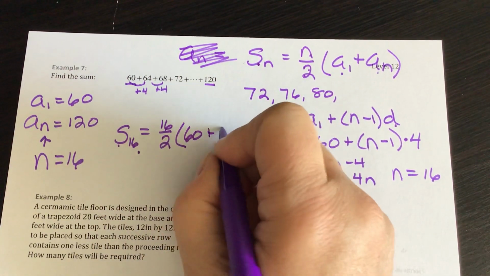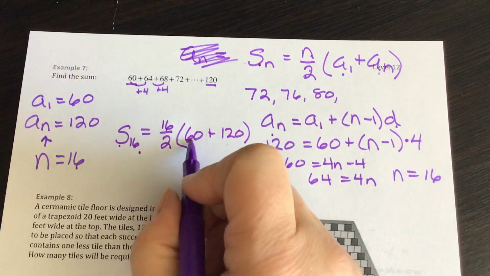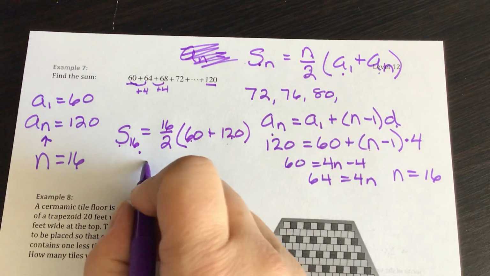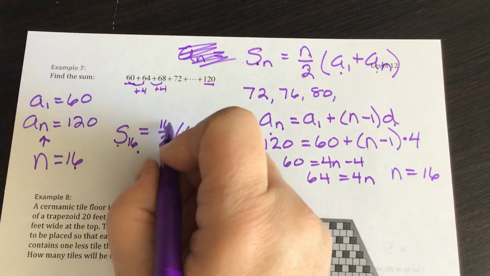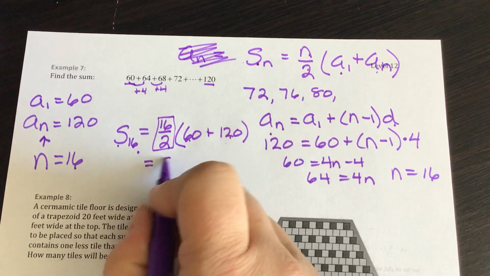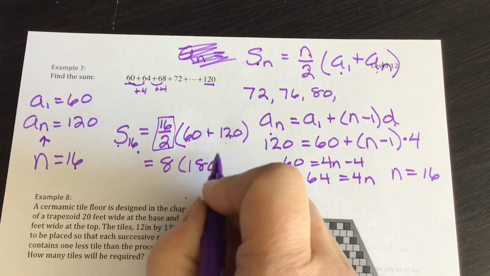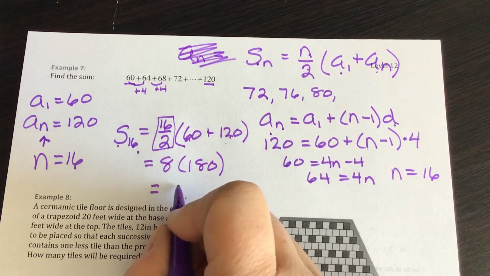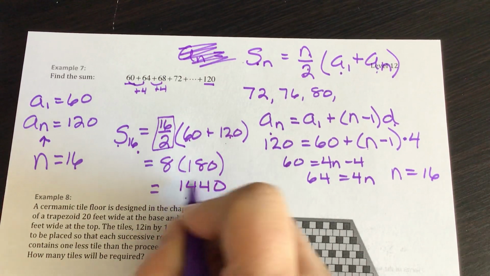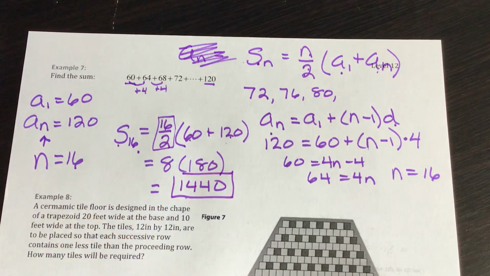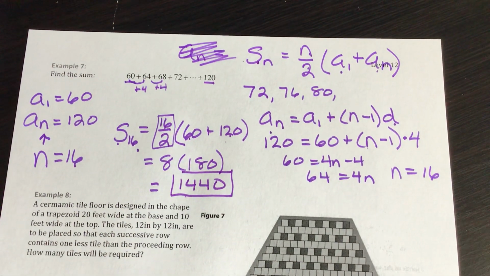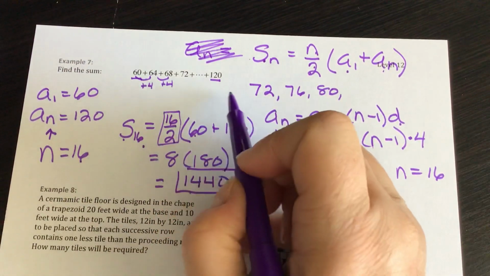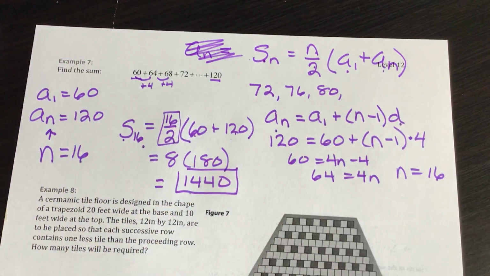My last term is 120. 60 plus 120 is 180. And this part here is 8. So 8 times 180 is 1,440. And that would be the sum of all 16 numbers of the sequence.